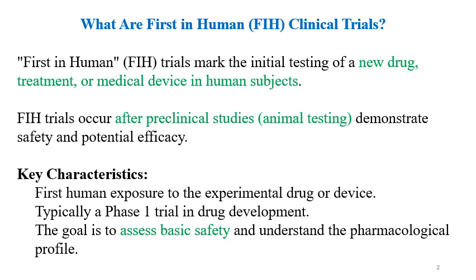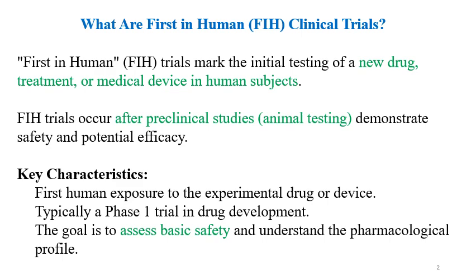These trials mark the initial testing of a new drug treatment or medical device in human subjects. FIH trials occur after preclinical studies, that is animal testing, demonstrate safety and potential efficacy. The human subjects may be patients or normal healthy volunteers.